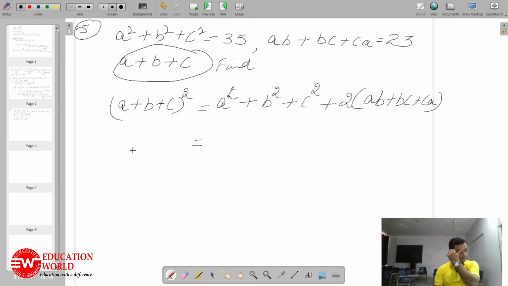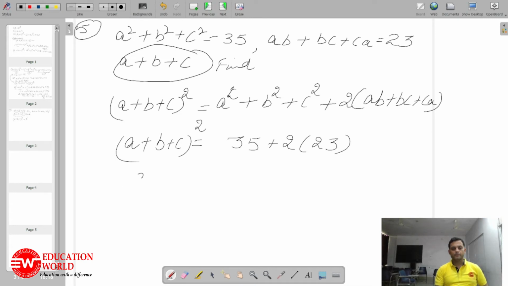So it will be (a + b + c) square. So it is 35 plus 2 times 23. So (a + b + c) square is 35 plus 46.